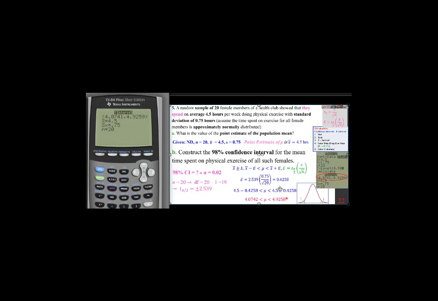And as you can see, we get the same results as shown here.